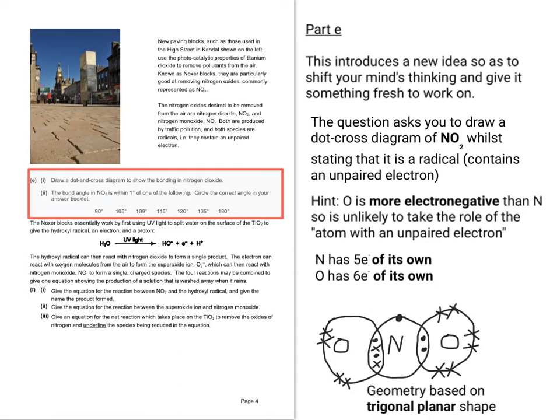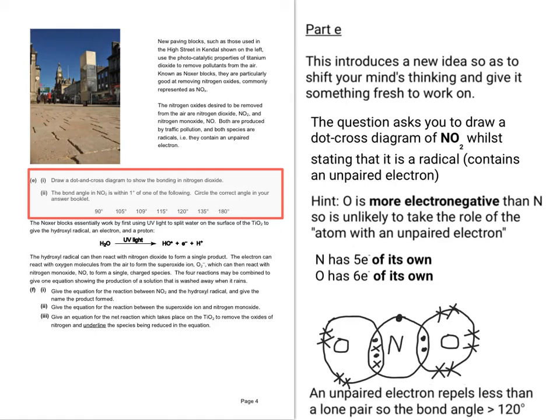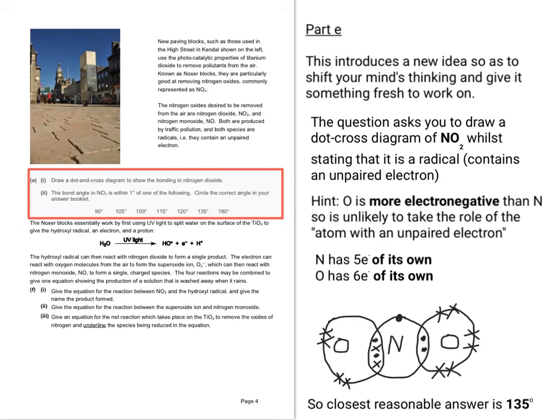So the geometry we're looking at is loosely based on the trigonal planar shape. But we've got to remember that an unpaired electron repels less than a lone pair does, so the bond angle is going to be slightly bigger than 120 degrees. From the choices that we're given, the most reasonable guess would be 135 degrees.